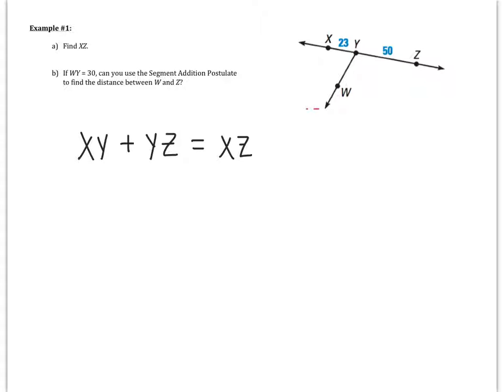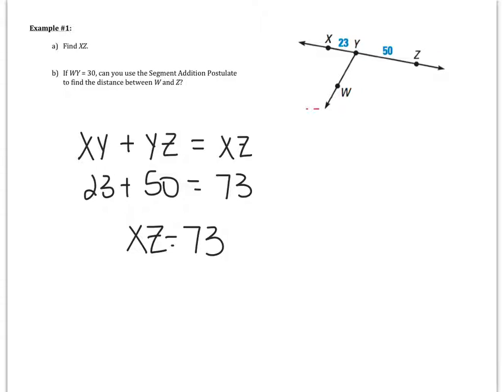So if XY is equal to 23 units and YZ is equal to 50 units, that means that XZ is equal to 73 units. So again, make sure our answer is clear. XZ would equal 73. So that would be our answer to part A.